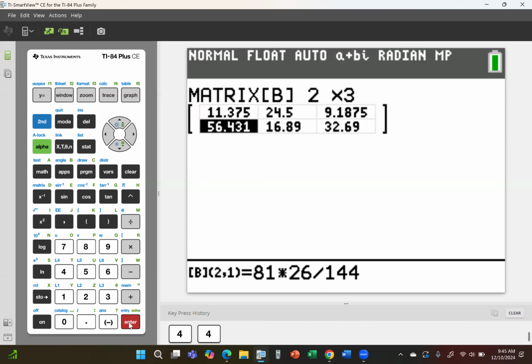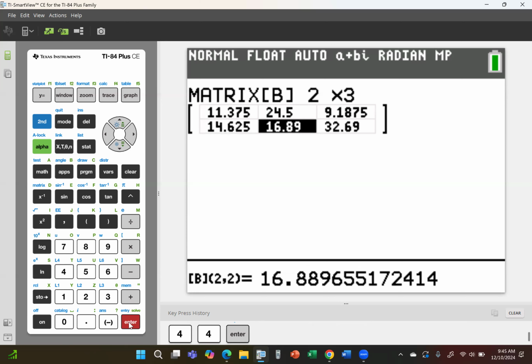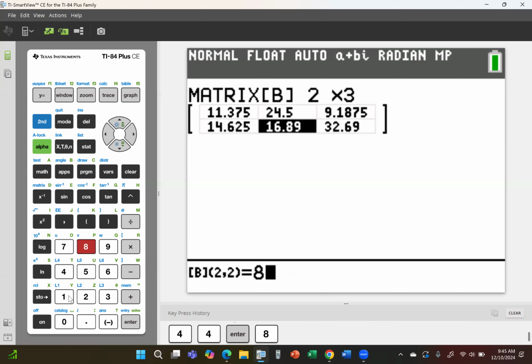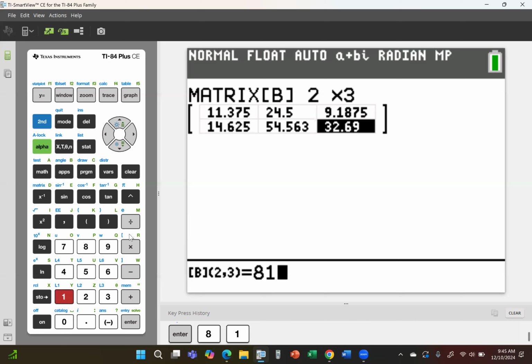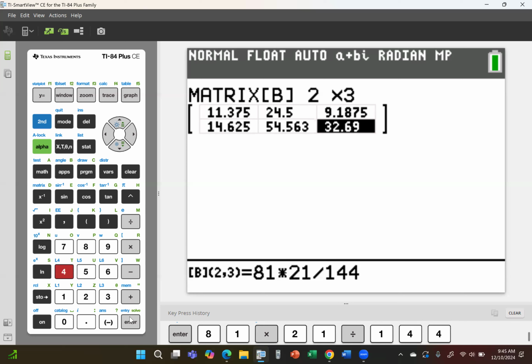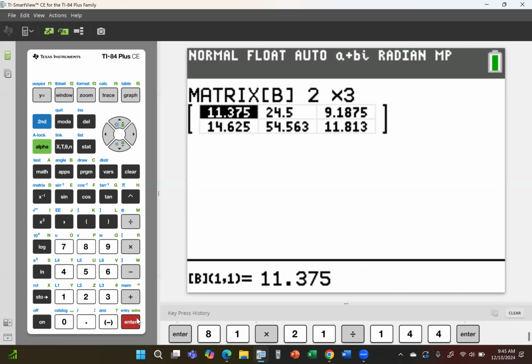That look good to you? And then what do we have? 81 times 97 divided by 144. And then last but not least, 81 is the row total times the column total was 21 divided by the total, 144. Is that the matrix you guys got? Does that look good?